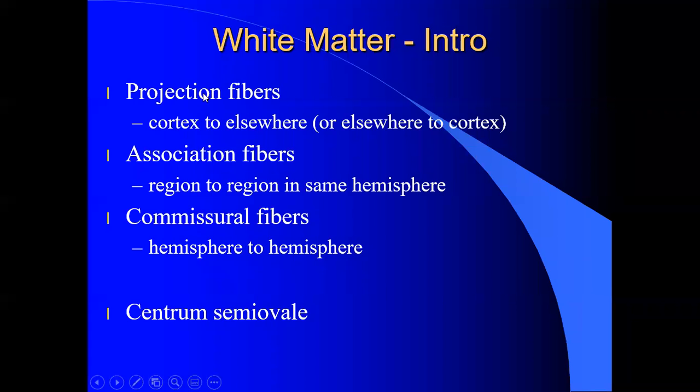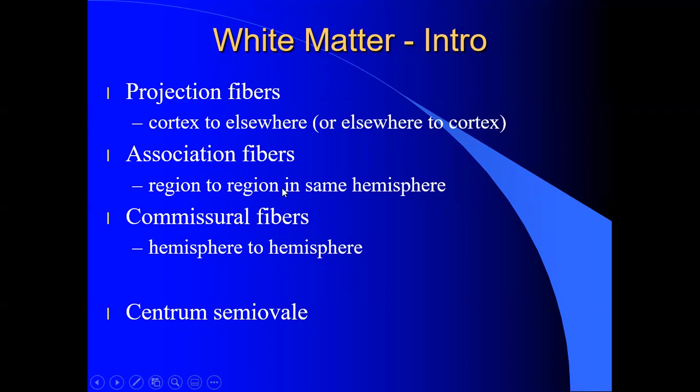A projection pathway we will define as something that leaves the cortex. It can go down other parts of the cerebral hemisphere. It might go down to the basal ganglia, but we call it a projection if it leaves the cortex. It could be corticospinal too.